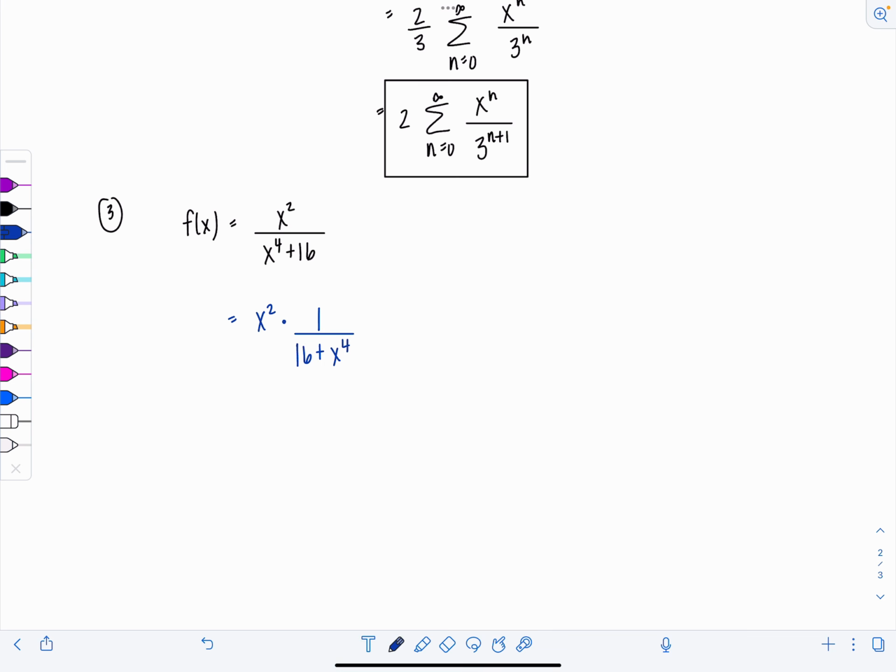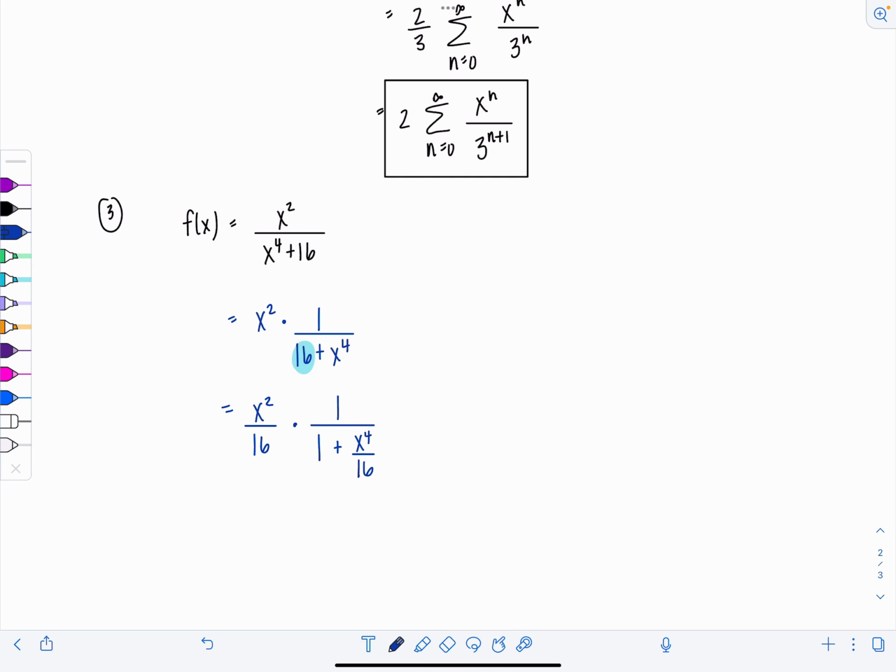It makes me feel better when the constant's first. Doesn't it make you feel better? Other issue is I need this to be a 1. So again, like last time, let's factor out the 16. And then I have 1 over 1 plus x to the 4th over 16.